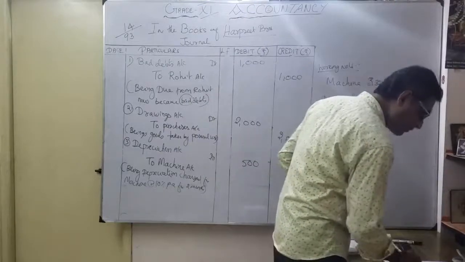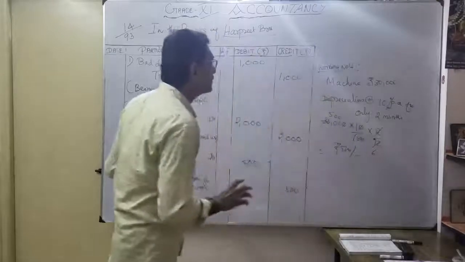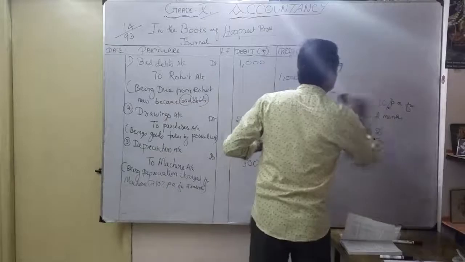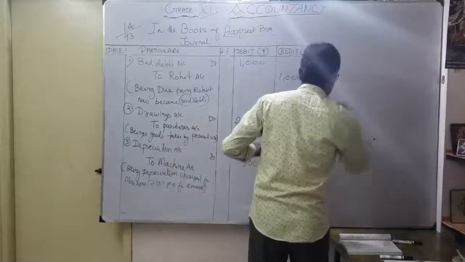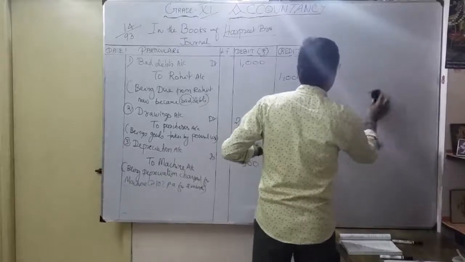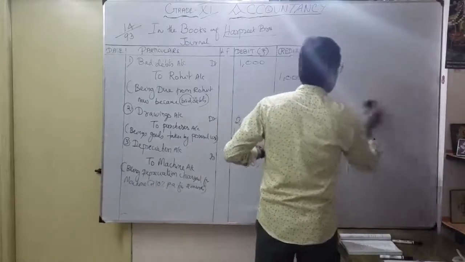So what is our fourth entry? Here I will clean it. Okay, my fourth entry, same format. The format is very important, debit and credit. So you have to follow with the help of pencil, scale and other tools.